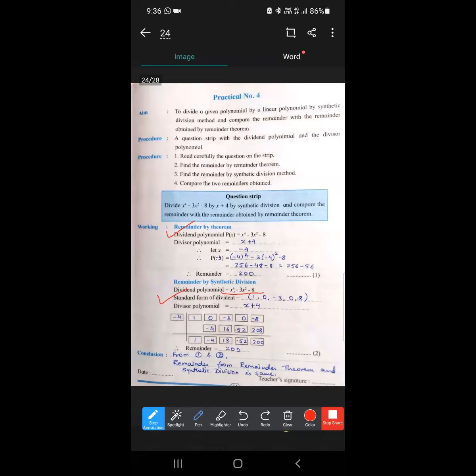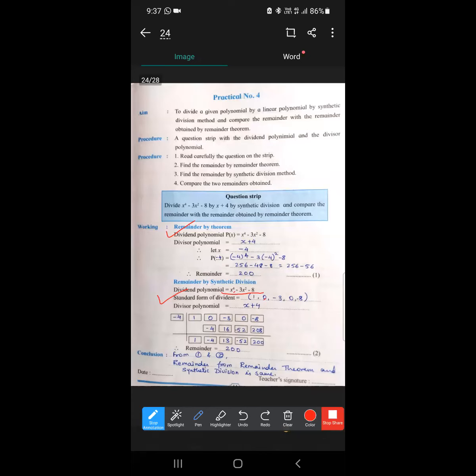After degree 4, it should be 3, then 2, then 1, and at the last, the constant term. So here, after 4, the term with degree 3 is missing. Whatever the absent or missing term is, there you will put the coefficient as 0.